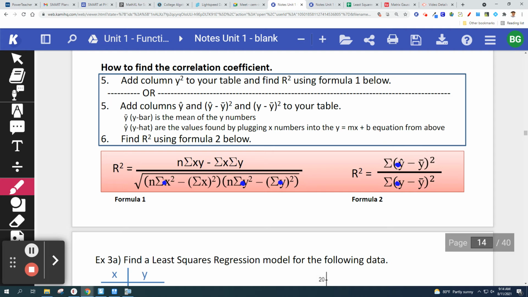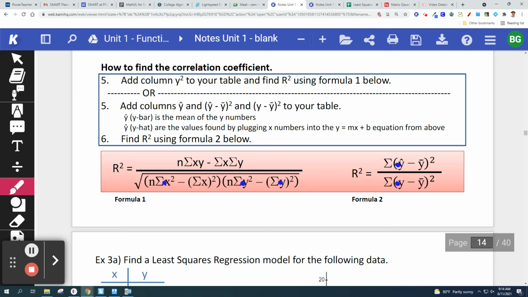Now, a couple of things about that. Formula 1 looks a lot more complicated, and I suppose it is, but believe it or not, it's less work to use Formula 1 than it is to do Formula 2. Formula 2 has a lot going on behind the scenes. Namely, there's something called Y bar and Y hat.